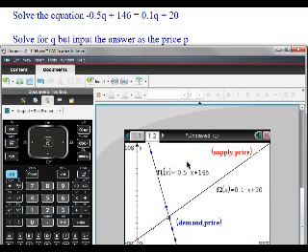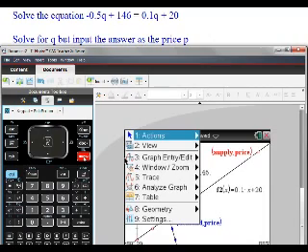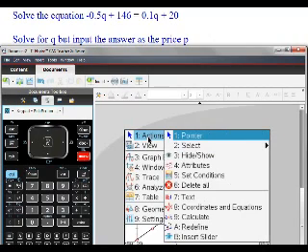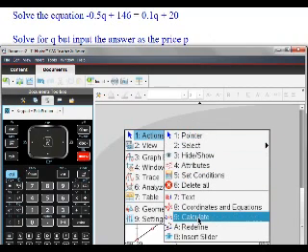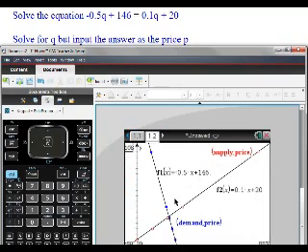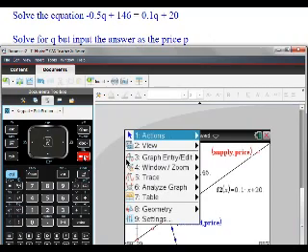Actually what we're looking for in this circumstance is the intersection point of those two lines. That intersection will give us an X and a Y value, input and output. The input variable will be the quantity. The output variable will be the price. So if we go to our calculate option, one more time, let's try that.